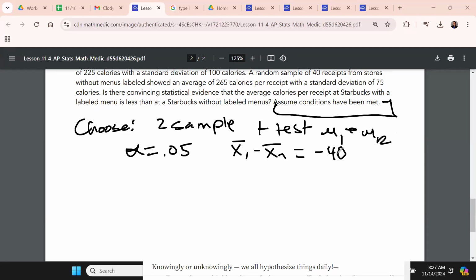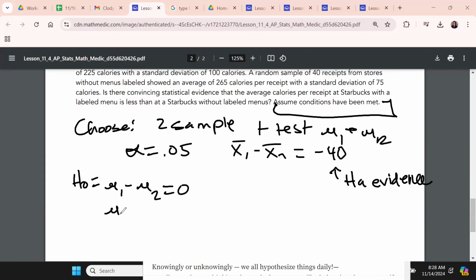Your x1 minus your x2 is going to be -40, which is evidence for the alternative because it's less than 0, right? Your H0 is mu1 minus mu2 equals 0. Your alternative is less than 0. For the check, assume conditions are met.